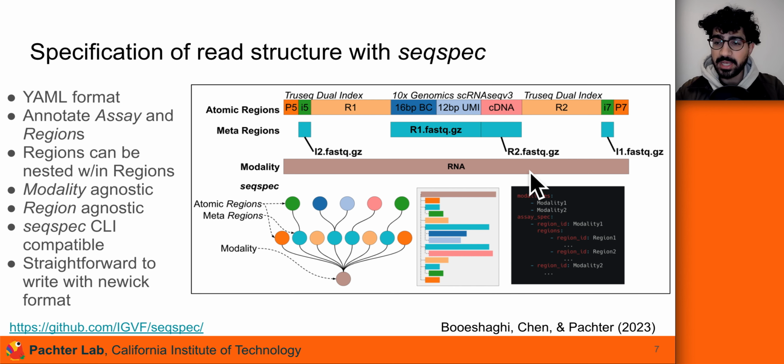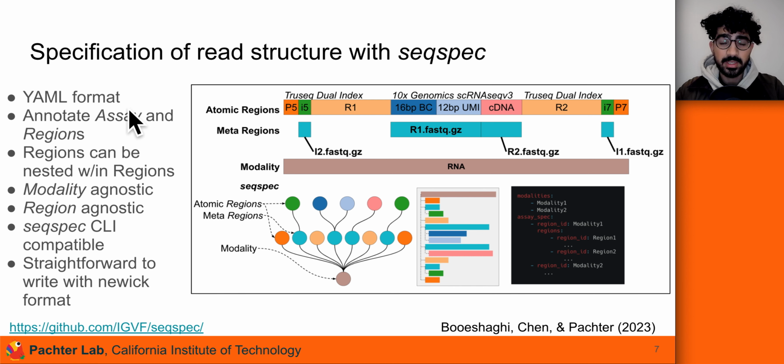And then the modality itself can comprise the entirety of this annotation. So if you think of this as a sequencing read, we can annotate the elements of that sequencing read in multiple levels. And this creates a kind of graph structure or kind of ordered tree structure, which we can then represent as a tree and then ultimately as a file format, as a YAML file.